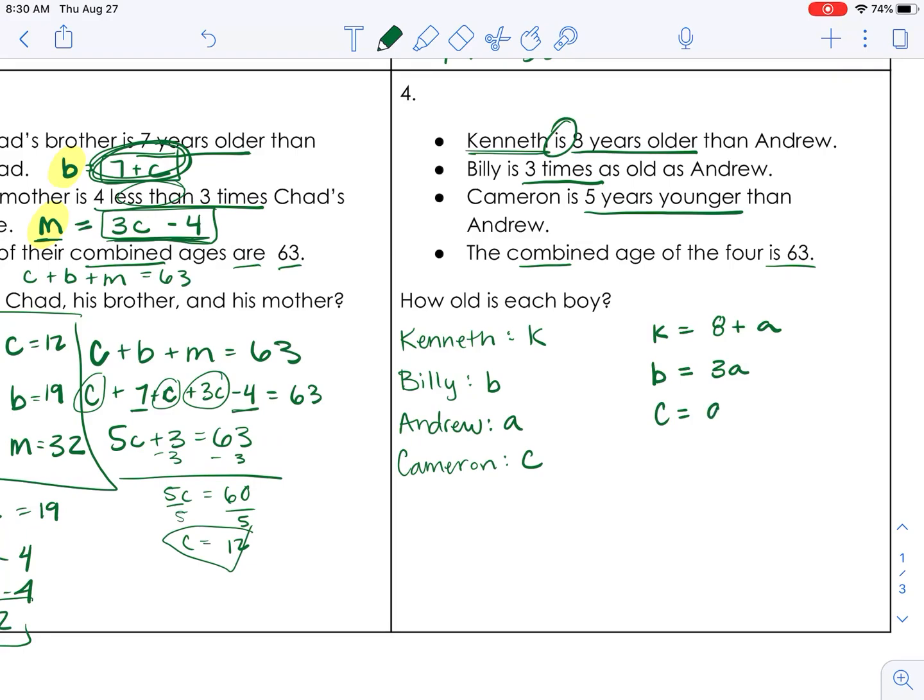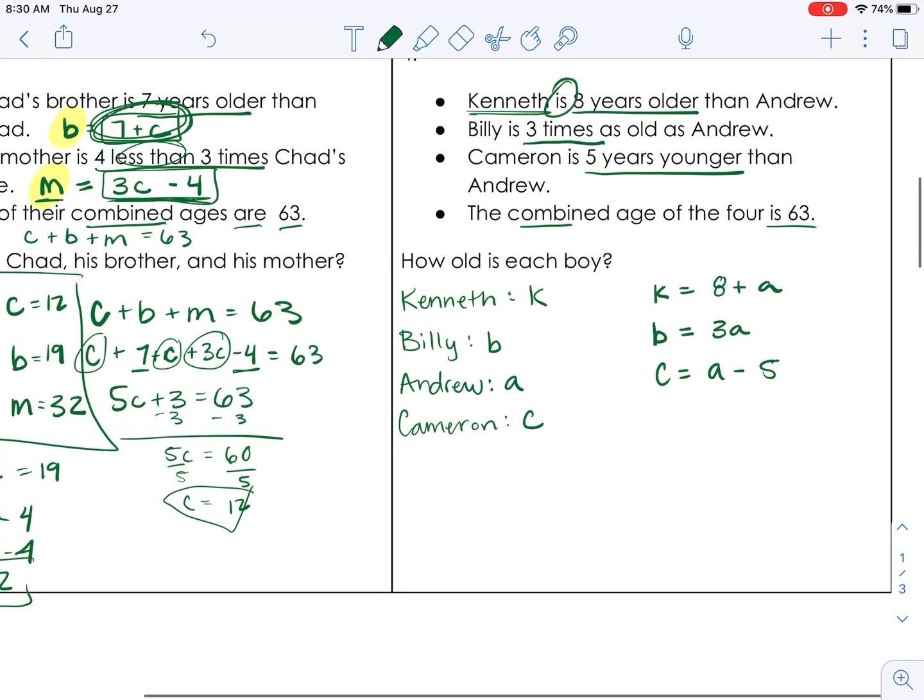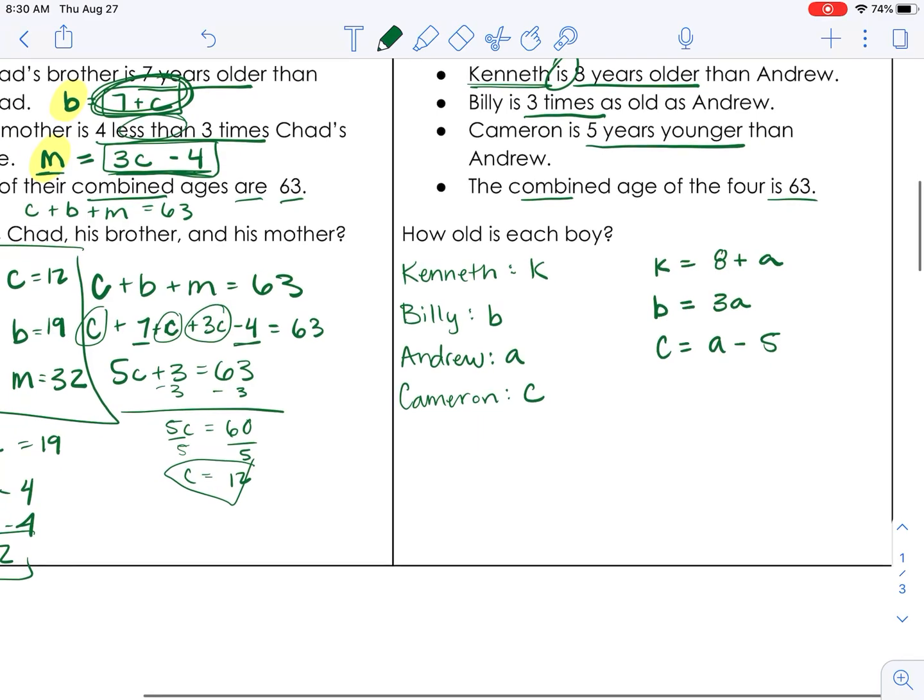So Cameron is Andrew minus 5. That's another type of turnaround phrase. Younger than means we're going to subtract from. And then our last one combines them all. So we've got K plus B plus A plus C is 63.